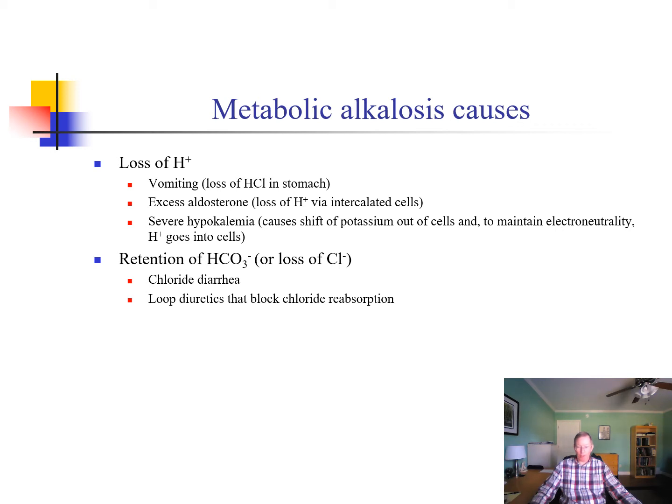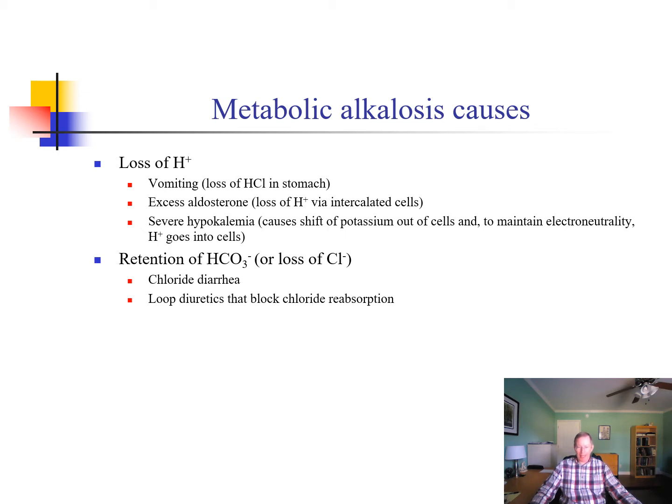You may remember when we talked about renal physiology that on the intercalated cells in the distal convoluted tubule, if aldosterone was present, then I would reabsorb from the filtrate a sodium ion and spit out into the filtrate a proton. Thus, if I have hyperaldosteronism, I will become more alkalotic metabolically.